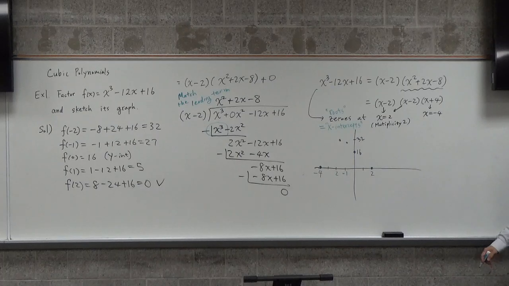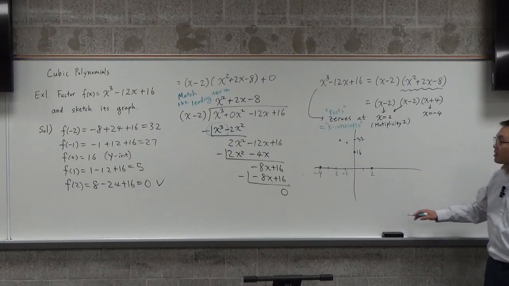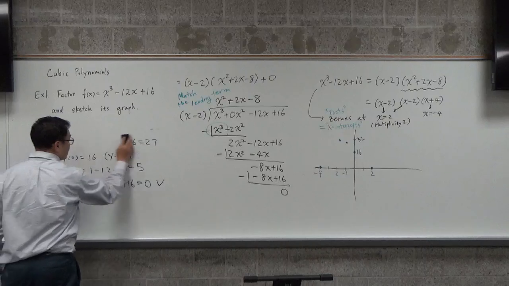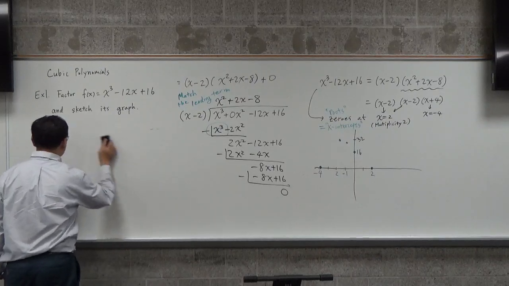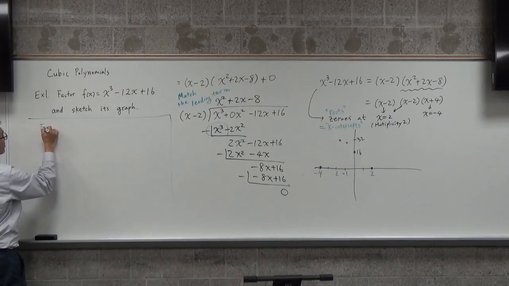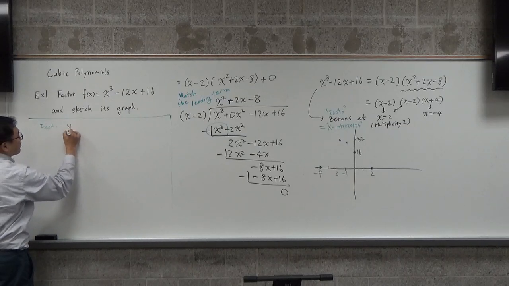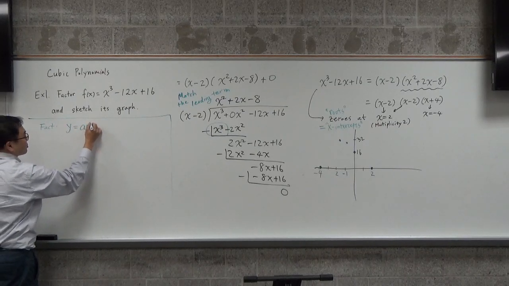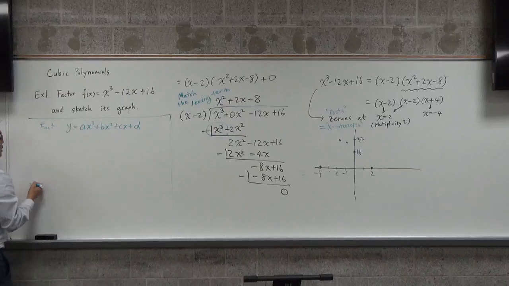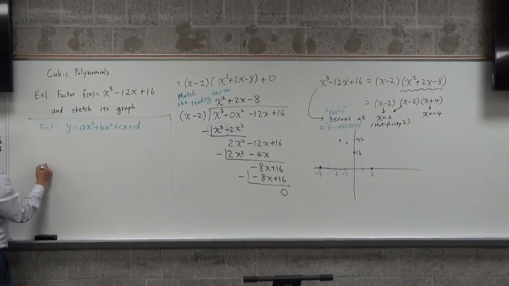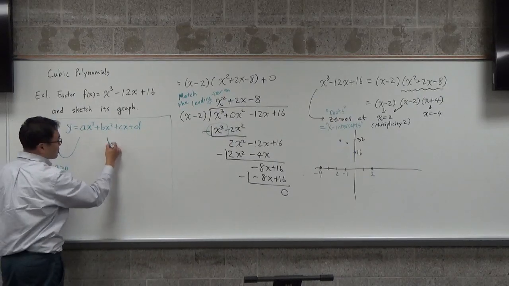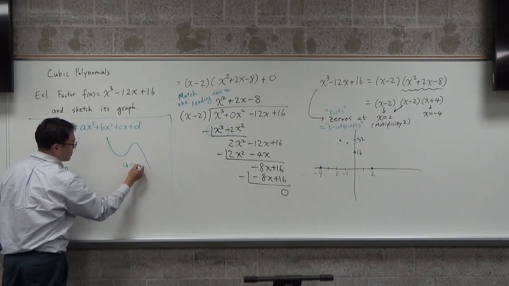So let's agree that we know the following fact. Let's see, I'll just erase this one. So here are some facts. If you have a cubic polynomial y equals ax cubed plus bx squared plus cx plus d, then the graph will look like this if a is positive, and it's going to look like this if a is negative.